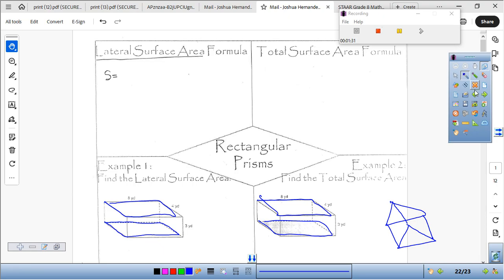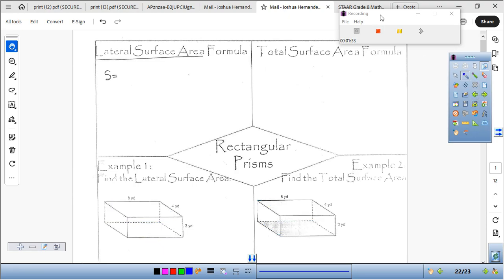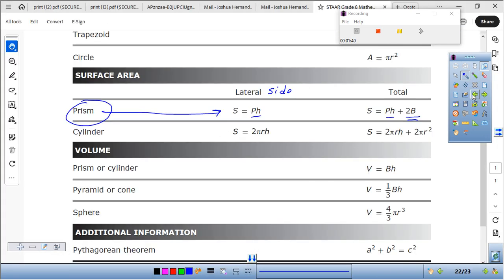So let's jump into the formula. The formula for rectangular prisms is Ph and Ph plus 2B.